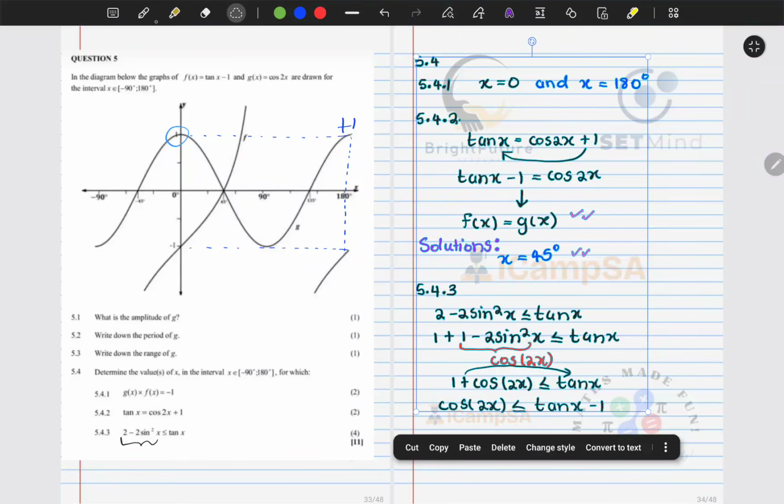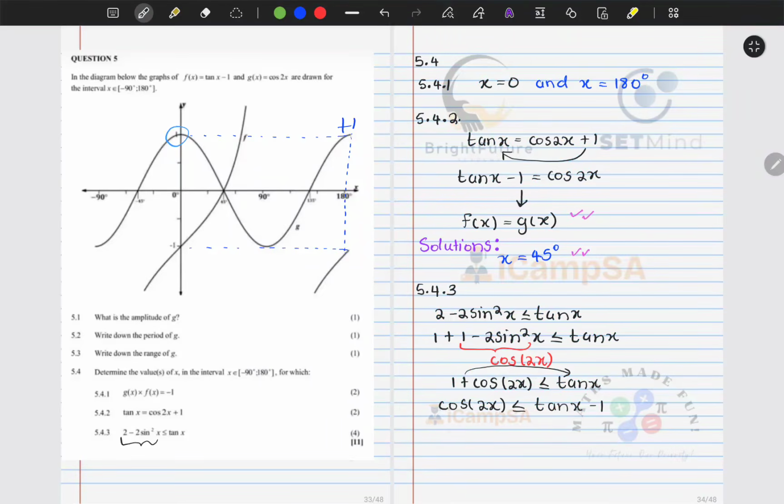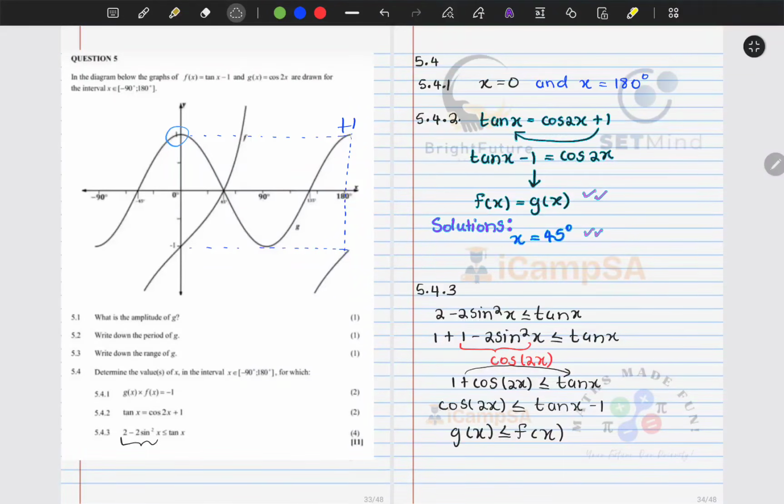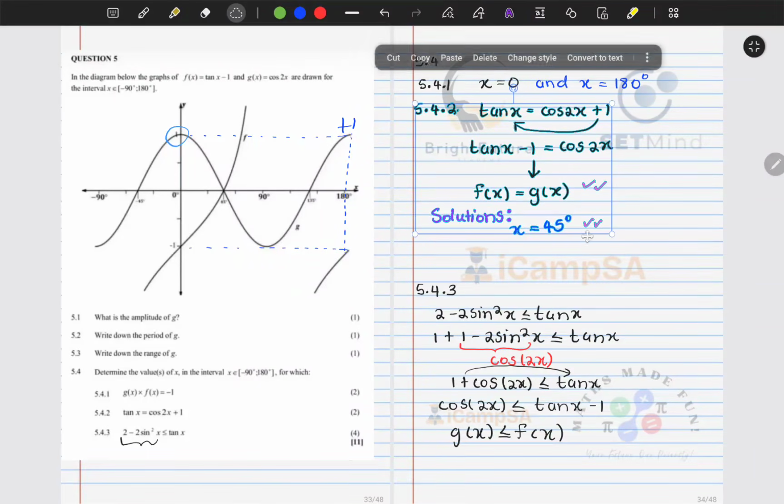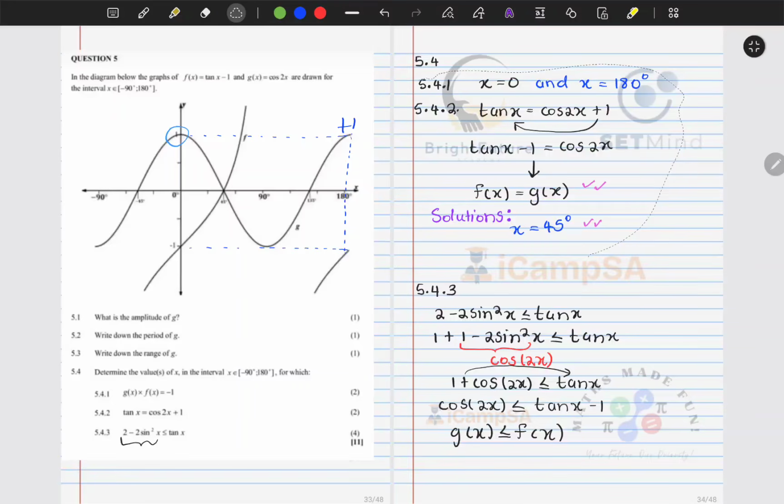And do you see that this problem is simplified to our functions? Okay, so it has simplified to: for what x values is g of x less than or equal to f of x? Okay, so our f of x is the tan graph. So when is it above the cosine graph? Okay, that's essentially the question. So let's create some space here.